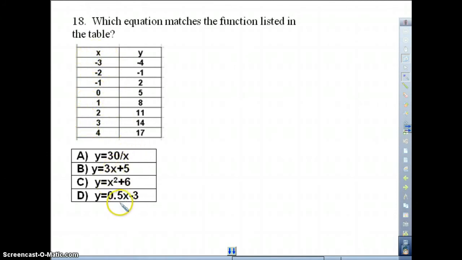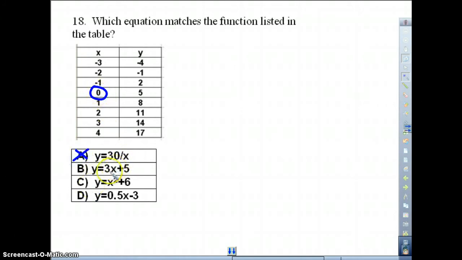That's exactly what we're going to do. I'm going to pick an x value out of the table, for instance, like 0. I love 0. It makes your math easy. I'm going to plug it into each one of these and see which one of them gives me back a y of 5. If I put in 0, well, first of all, I can't divide by 0, can I? You're not allowed to divide by 0. I don't think it's a.